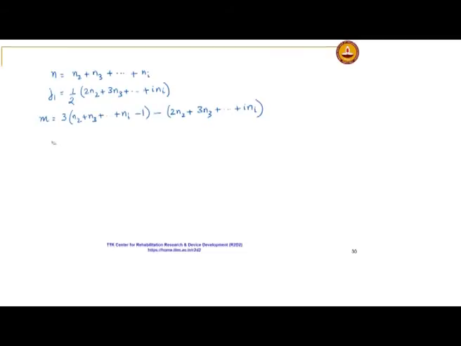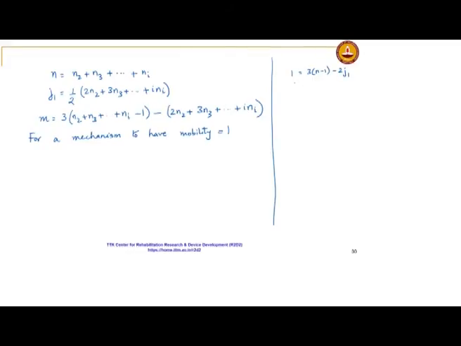Now, for a mechanism to have mobility 1, which is the most practical application, where you have one input and you want a predictable output, I can write the original mobility equation as 1 equal to 3 into (n minus 1) minus 2 j1.